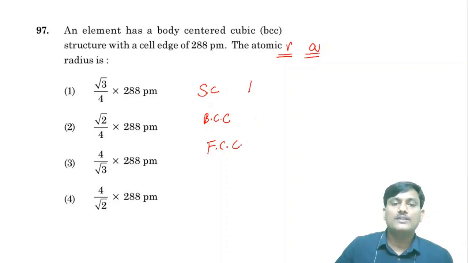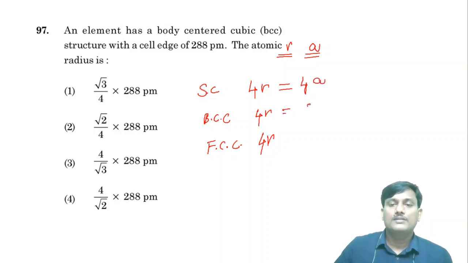You can write on the left side 4r, 4r, 4r, and on the right side 4a, 3a, and 2a, and take the root 4, root 3, and root 2.